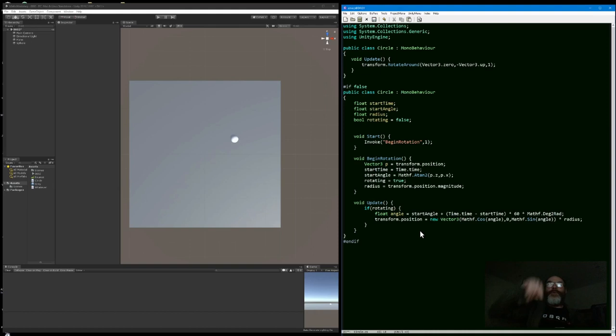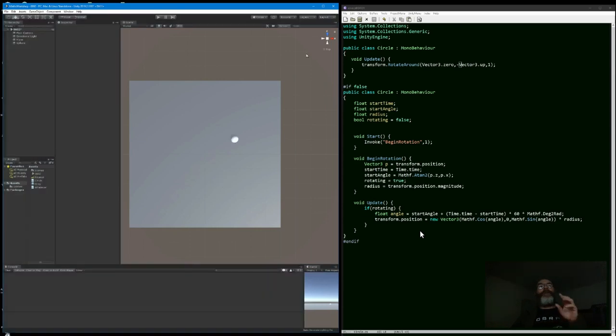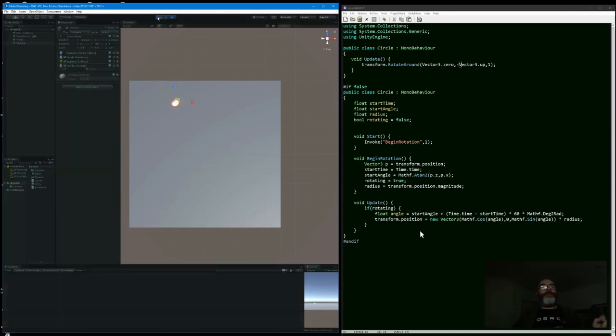So if I reverse that, we should probably have it going there we go. And now, because it's a pure rotation, it's already taking into account the initial position of the ball. I mean, I can put it here, and that just seems to work.